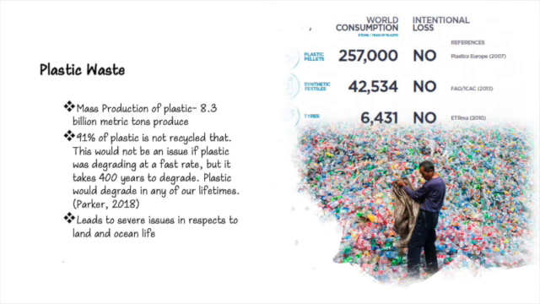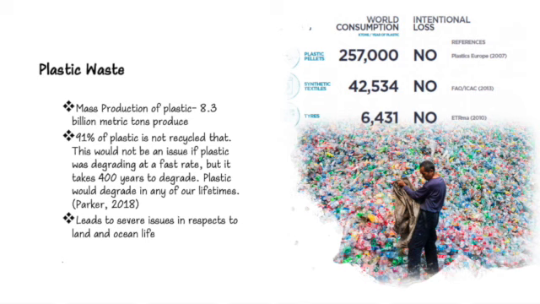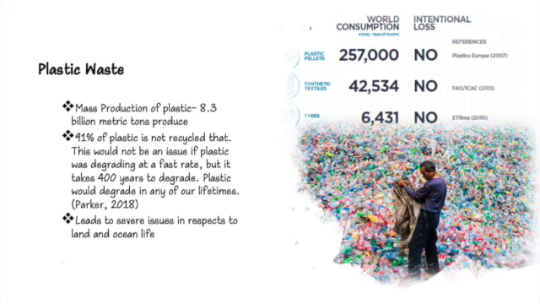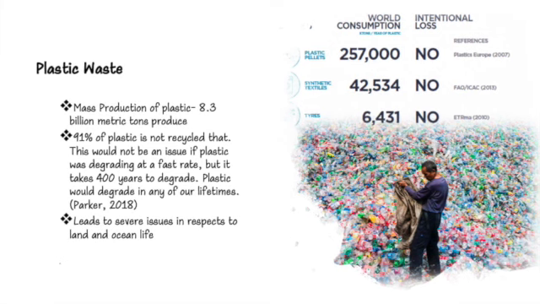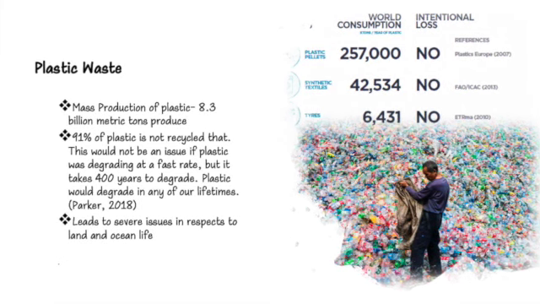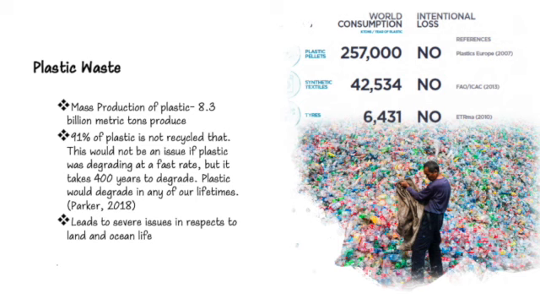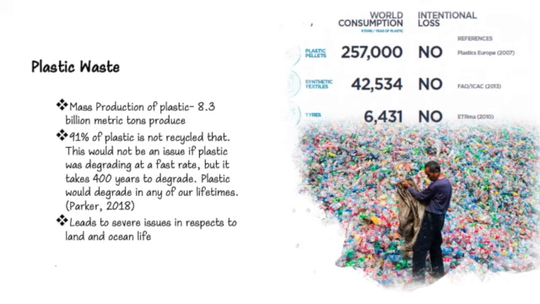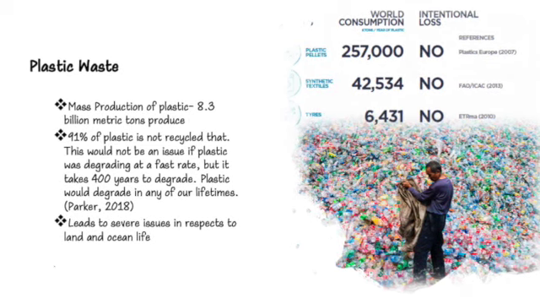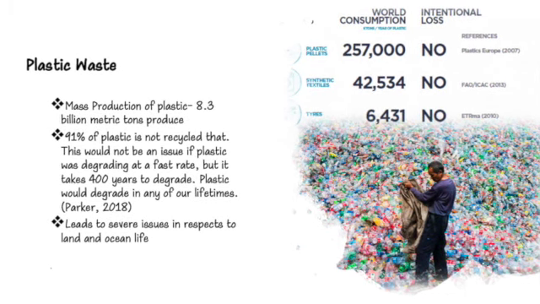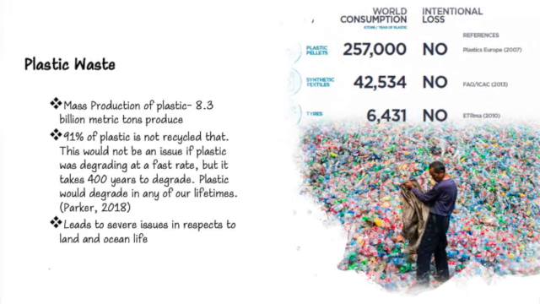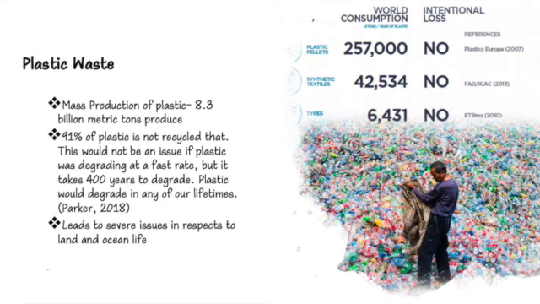A popular human activity that has been a contributing factor to human-caused climate change is the mass production of plastic. In the past few decades, leading on to today, a total of 8.3 billion metric tons of plastic has been produced. 91% of the plastic being used is not being recycled.